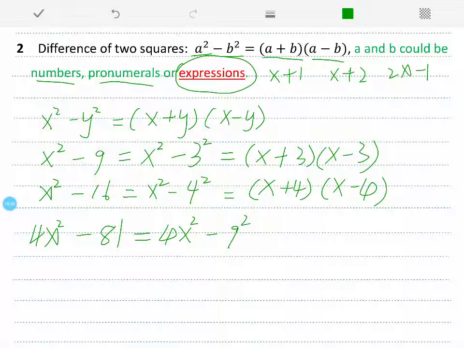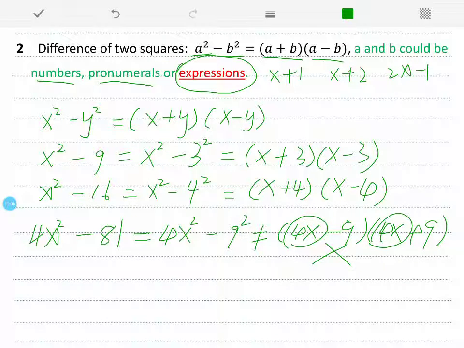Up to now, many students will write 4x minus 9 times 4x plus 9. According to my experience, many students will write it that way. But it's wrong. Because 4x times 4x is 4x, the whole thing squared, which doesn't equal 4x squared.